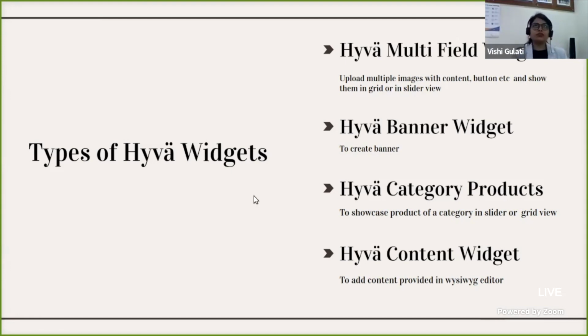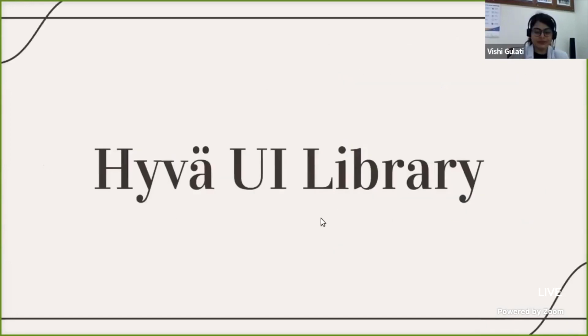It is basically used to show the content which you added in the specific editor, and it will showcase the same. There are many websites providing Tailwind UI components, available for free. You can use them and experiment with them. So this is all about Hyvä widgets.